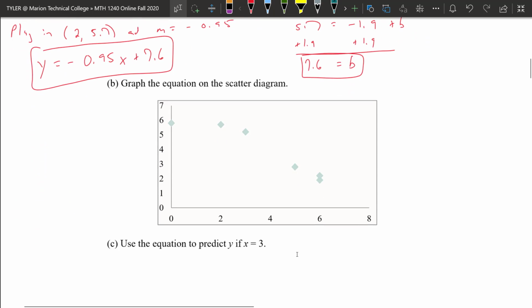Then we're asked to graph the equation on the scatter plot. I can just make a mark on my points. We were using the points (2, 5.7) and (6, 1.9).